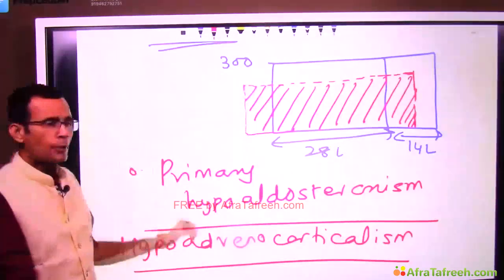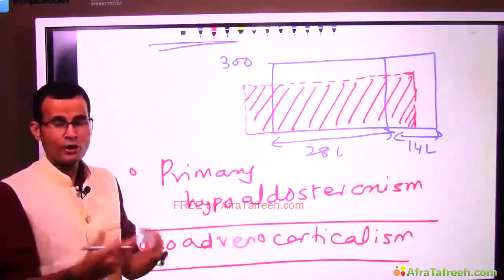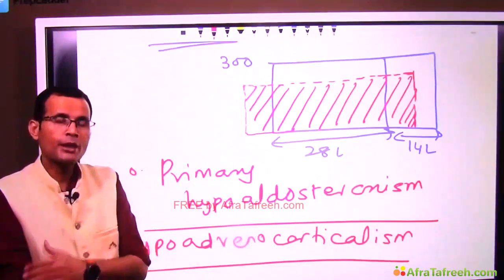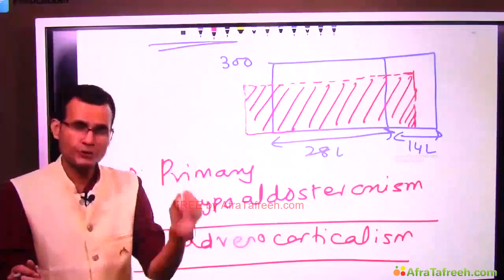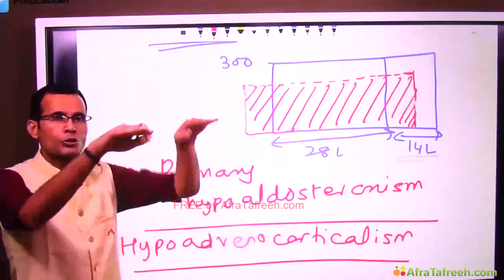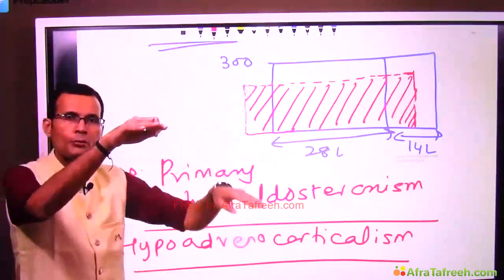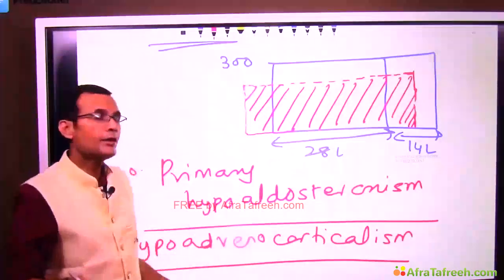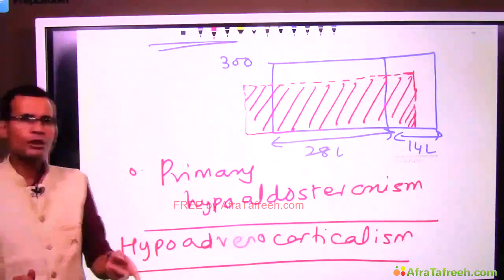In the case of hypoaldosteronism, if there is lack of aldosterone, sodium will not be retained, reabsorbed. That means sodium will be lost into the urine. So sodium loss, water loss. But sodium loss will be much greater. You know, sodium pulls water by osmosis.